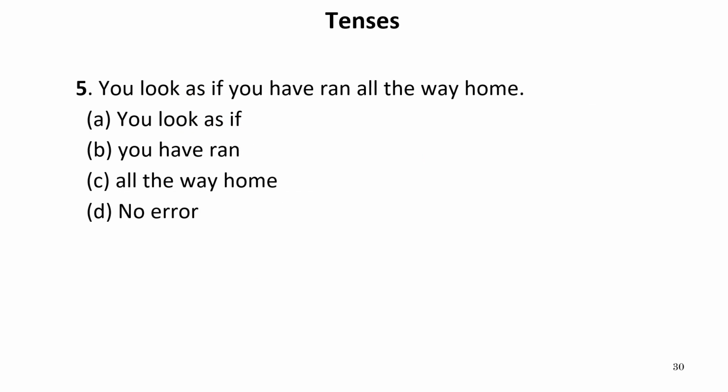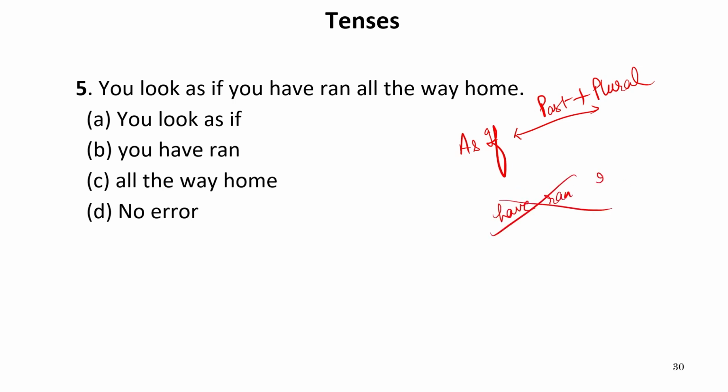You look as if you have ran all the way home. Whenever "as if" comes in a sentence, it is followed by past plus plural form. It means "have ran" should be replaced with "ran" only.